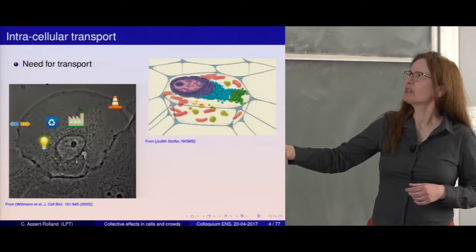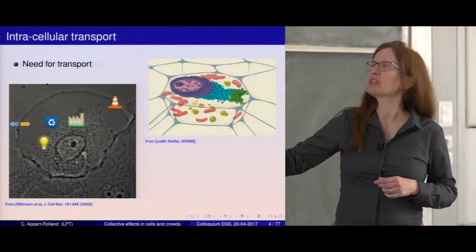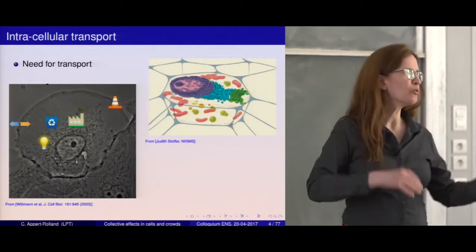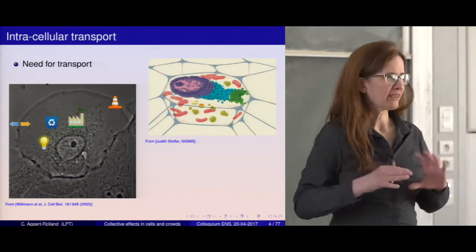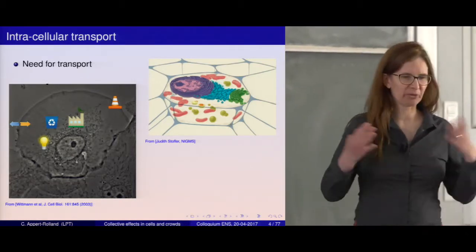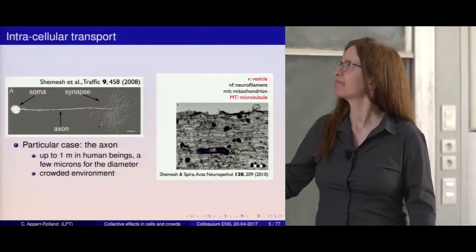You must deal with your waste. You have exchanges with the external world. And you may have to grow or move your cell. And this occurs in different places. So you need some logistics to have your city work well.